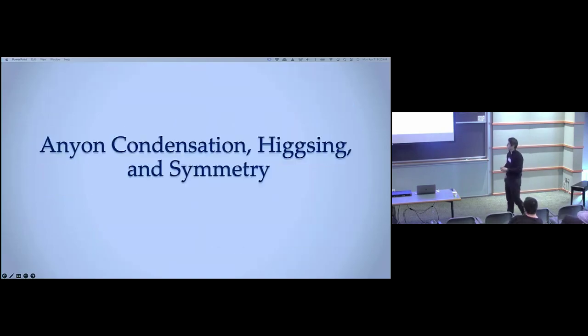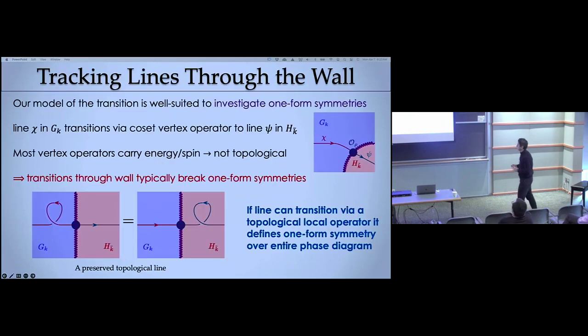Okay, that's the model. Let me tell you a little bit about its symmetries. I'll have to speed up a little bit. As for the question in the back, our model is well suited to investigate one-form symmetries. In general, if you have a line chi in GK, it can transition via a coset vertex operator to some other line psi in HK tilde, and that's given by the branching rules.